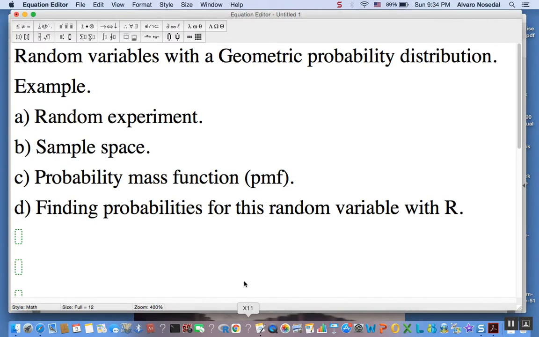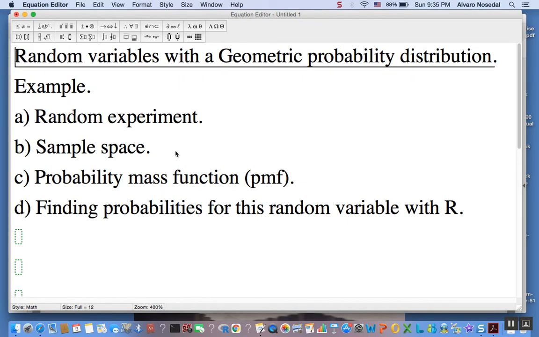Here's our plan. Using this example, we are going to discuss in detail the characteristics of the random experiment that lead a random variable to have a geometric probability distribution. We're going to talk about its sample space.